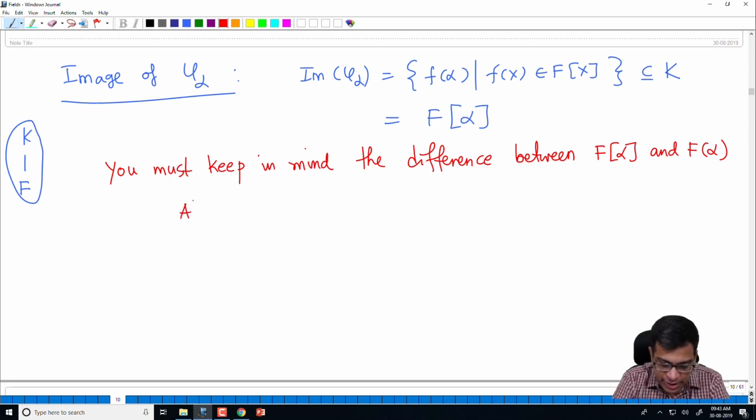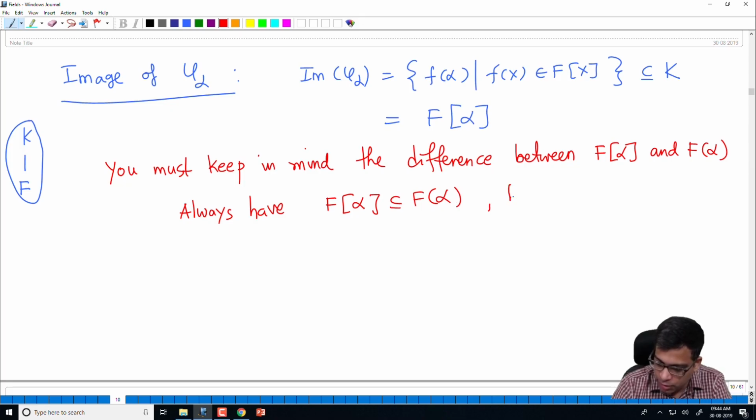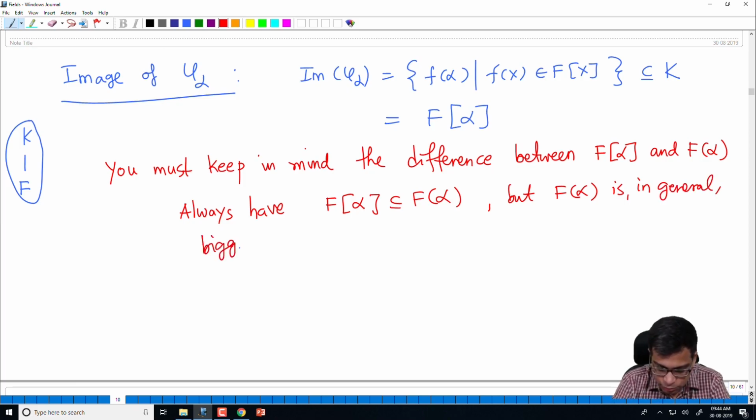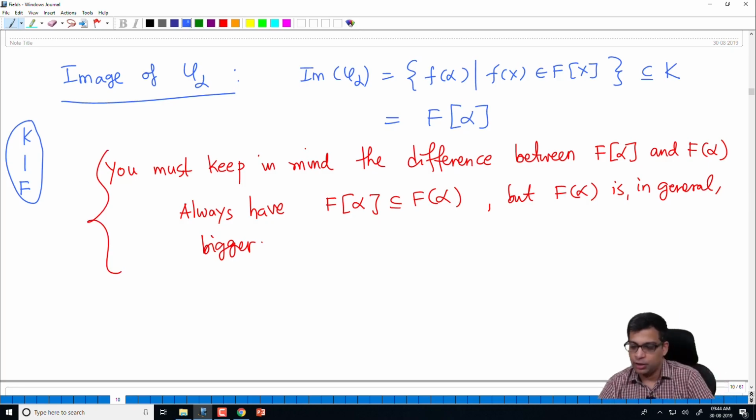So we always have F square bracket alpha contained in F round bracket alpha, but F round bracket alpha is in general bigger. This is the important remark that I want you to keep in mind. In general it's bigger. What makes it tricky is that many times it is actually equal, that we will come to in a minute, but in general it is bigger.